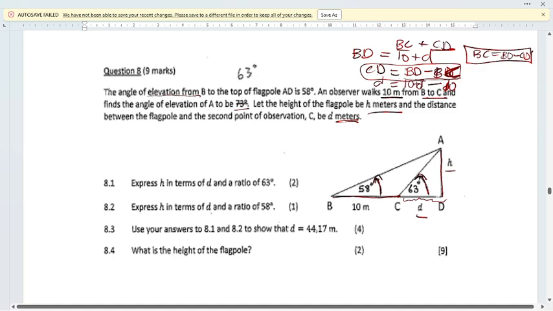From B all the way to D is BC plus CD. CD is the whole of BD minus BC.